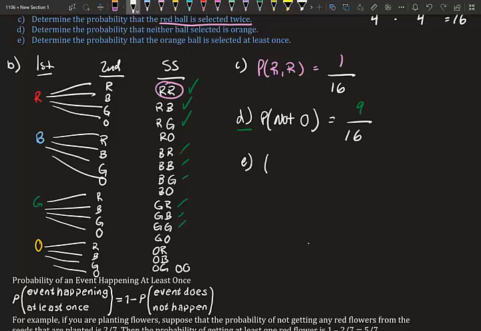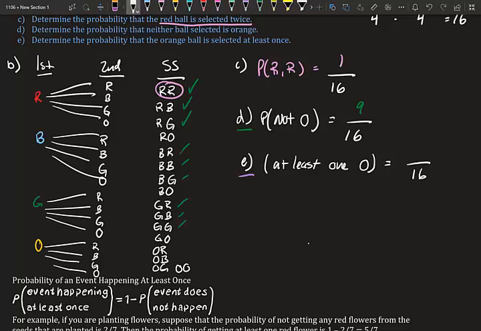All right. Now let's determine the probability that an orange ball is selected at least once. So we want to know at least one orange. From here, we want to look for everything that has an orange in it. This is where I suggest you pause it and try it.